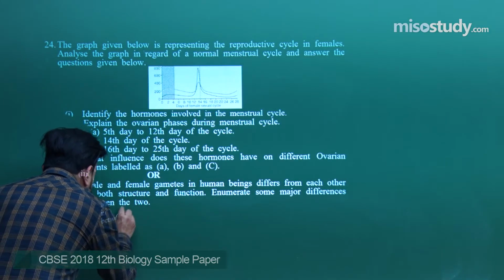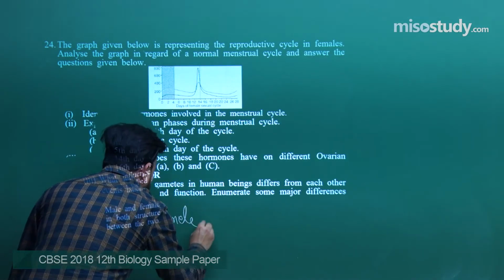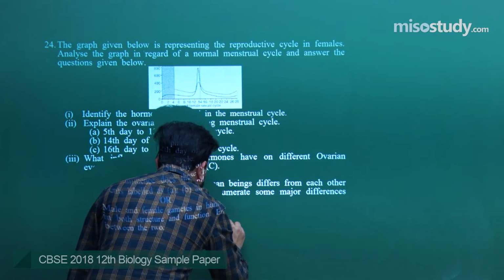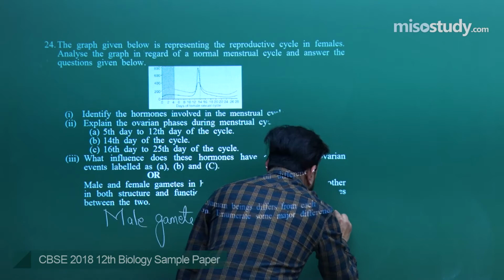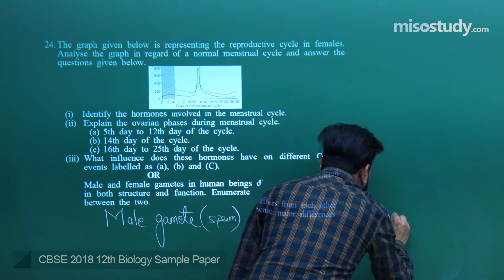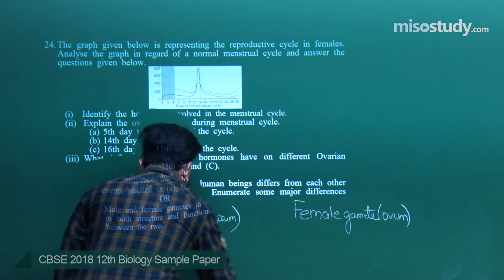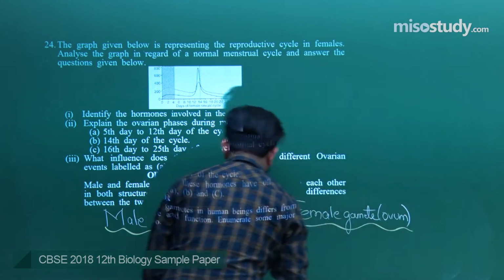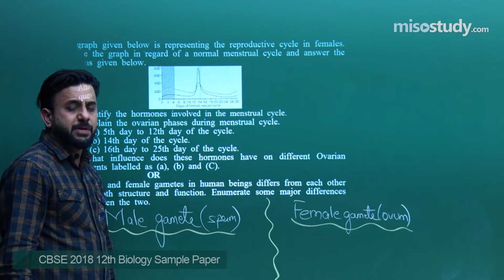Okay, the male gamete sperm, and here I'll write the female gamete, the female gamete, that is the ovum. Let us write the first difference between the two.